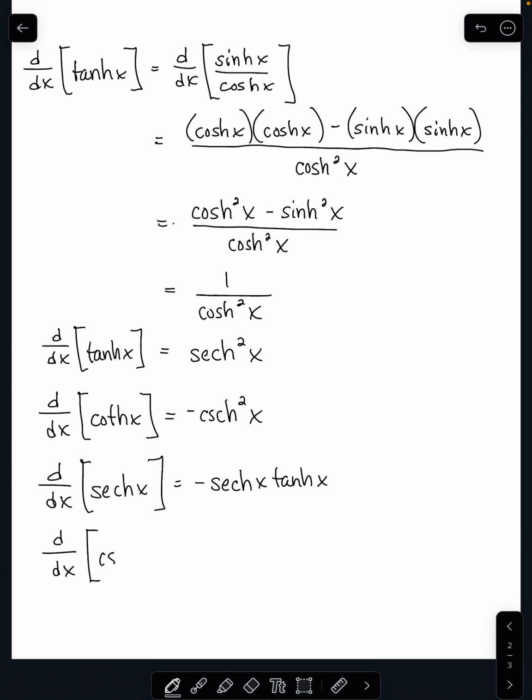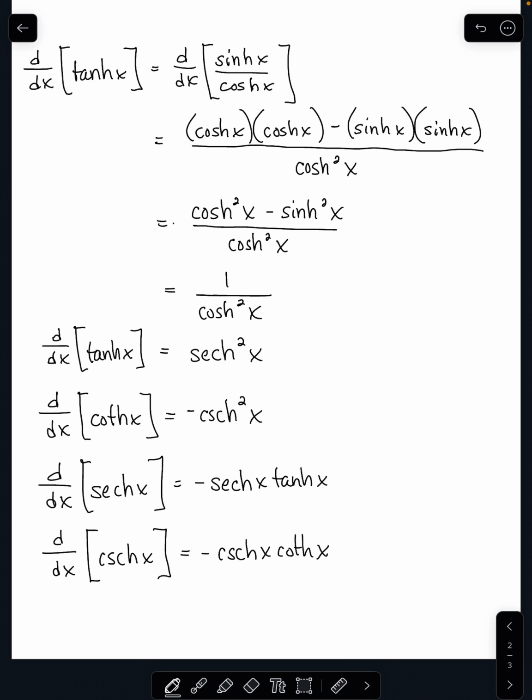Lastly, we have the derivative of hyperbolic cosecant, which is negative hyperbolic cosecant x times hyperbolic cotangent x. So there are definitely some differences.